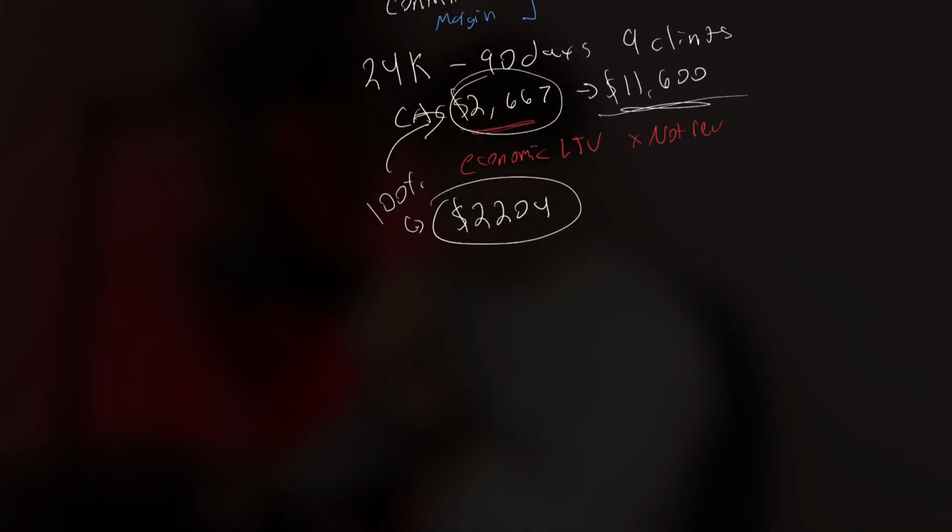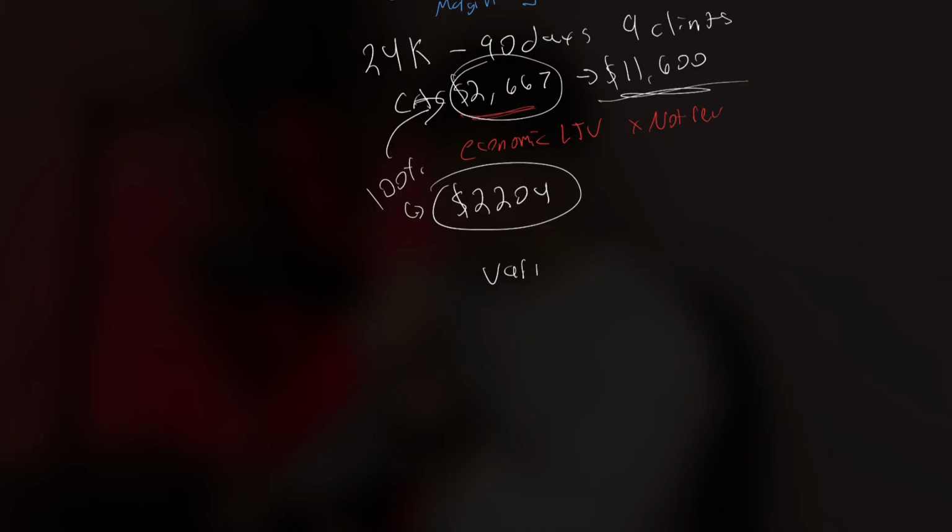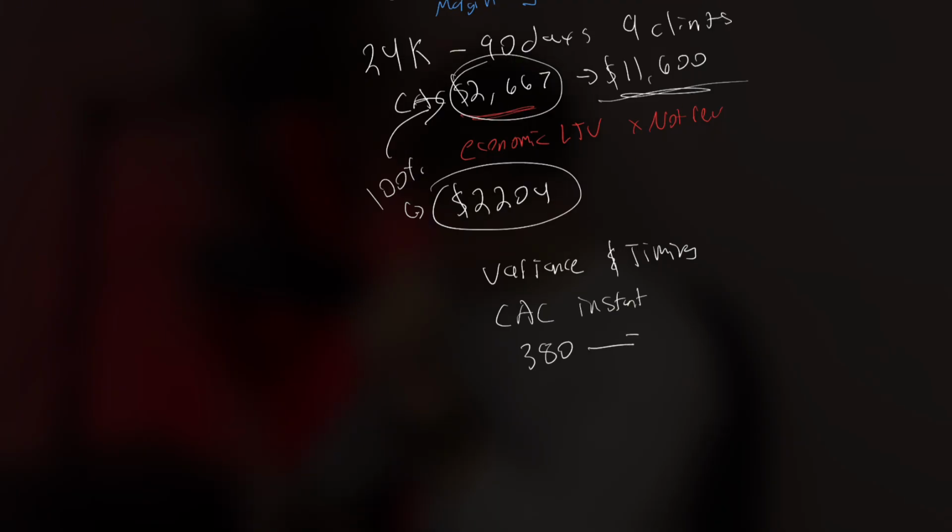So it really concludes that the failure was variance combined with the timing, where the CAC, the cost of acquisition, is paid pretty much instantly. But the contribution margin of $380 was amortized and collected slowly over the 5.8 months. They're basically banking that the average client would stay this long.